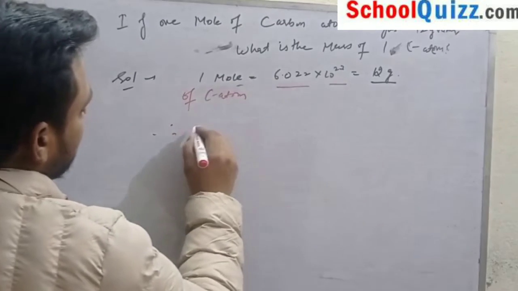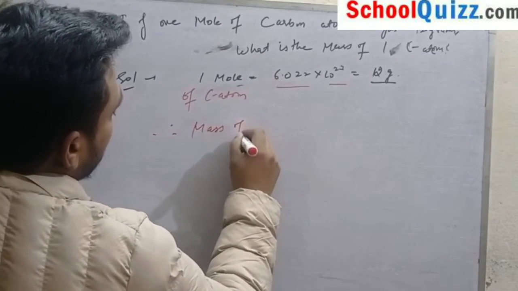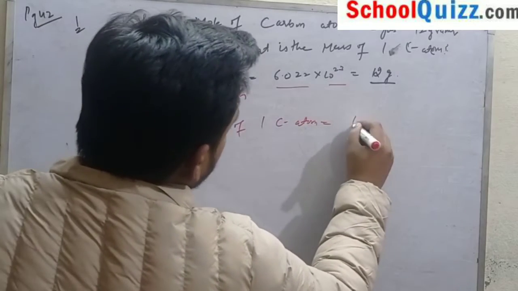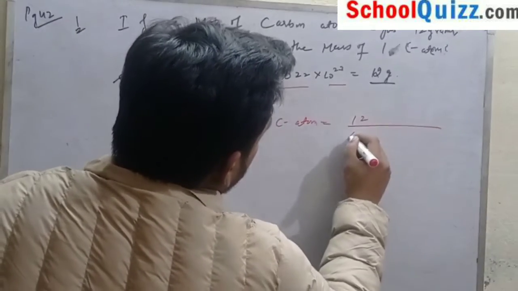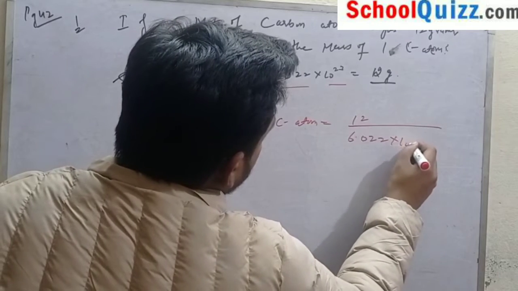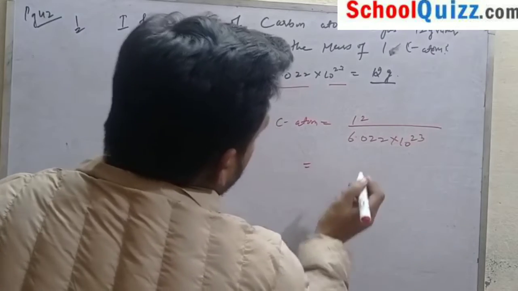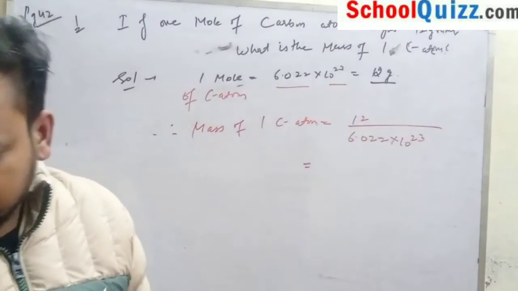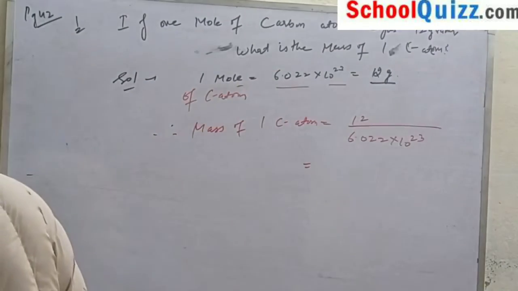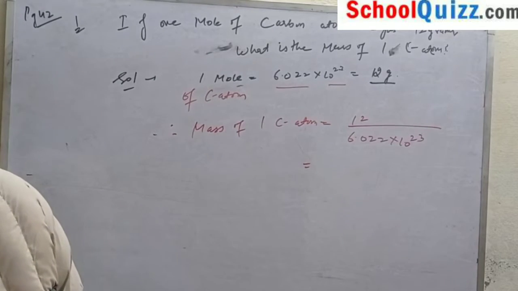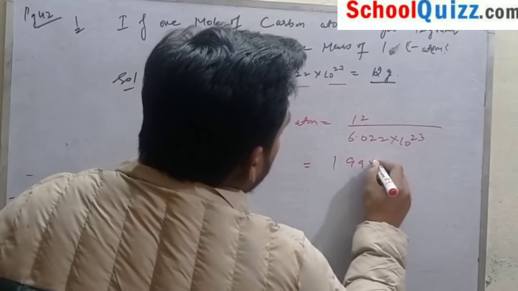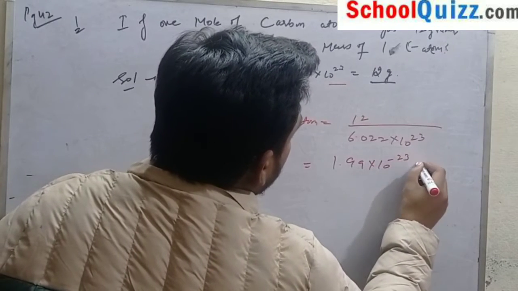So therefore, simple mathematics. Mass of one carbon atom is 12 divided by 6.022 into 10 to the power 23. So just solve it out, and the answer comes out to be 1.99 into 10 to the power minus 23 gram.